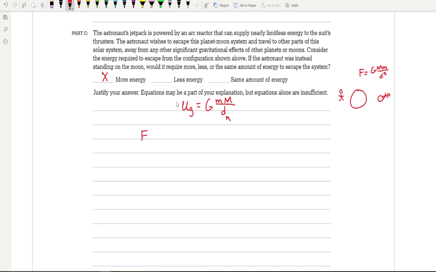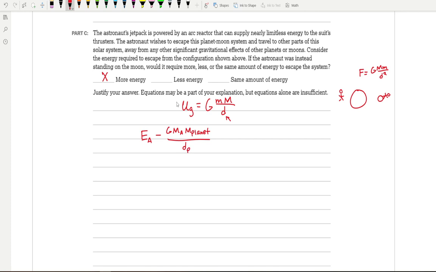Okay, I guess another good way to say that is if we talk about the energy of the person in and of itself, the total amount of energy, we're going to have to overcome two factors here. We're going to have to overcome the mass of the planet. So we're going to have G, the mass of the astronaut, times the mass of the planet, divided by, let's call that distance dp, the distance from the astronaut to the planet.